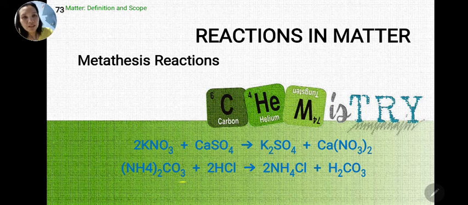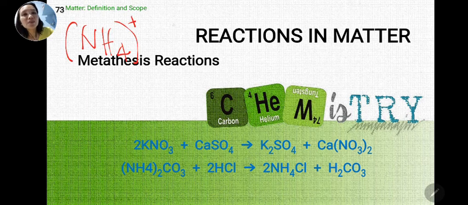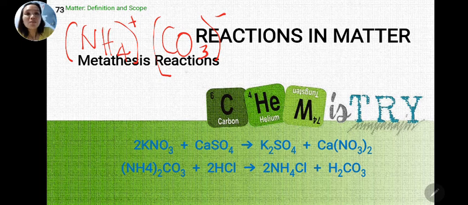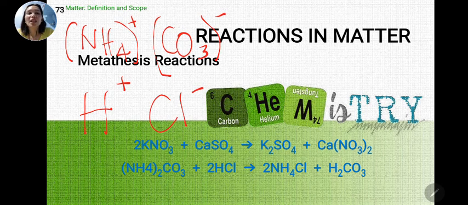So, another example is ammonium carbonate and hydrochloric acid. So, we will break it down. Yung ammonium is positively charged ion and carbonate is a negatively charged ion. So in the next compound, hydrogen is positively charged ion and Cl is a negatively charged ion.